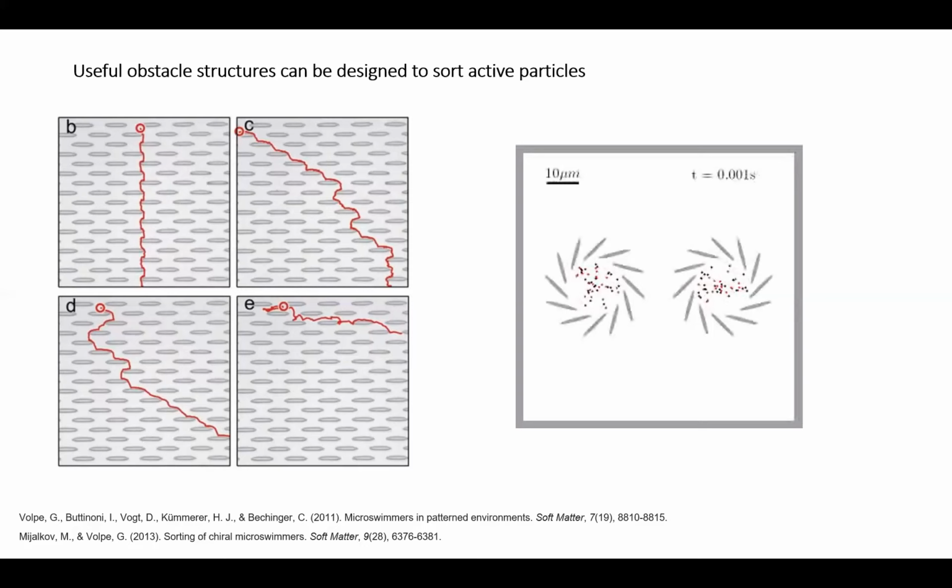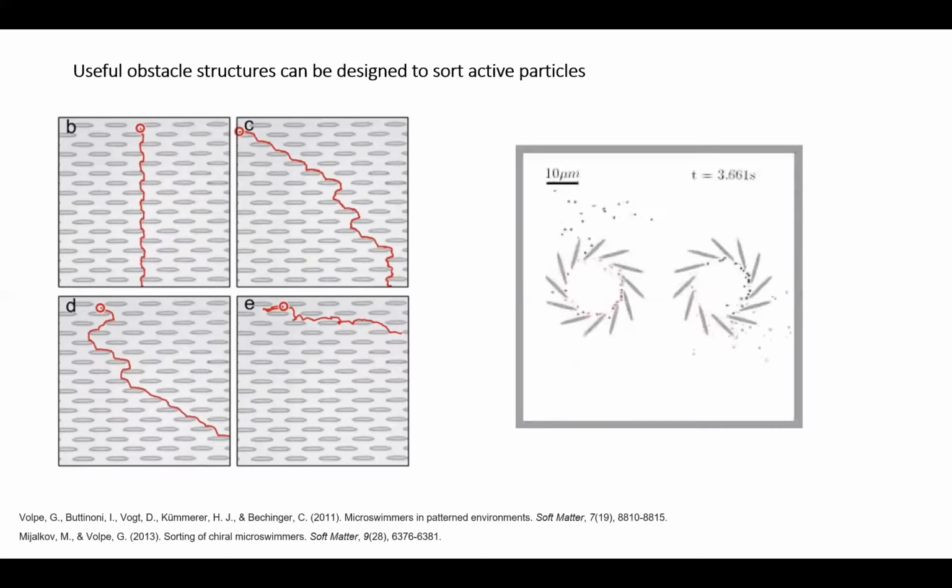But if I have a particle that has right chirality, these asymmetric obstacles are designed in such a way that it is very easy to get in one of these holes, right? The same with the other one, just the opposite. If I have a right chirality, it is very easy for me to get in here, but it is very difficult to get out once I am inside.